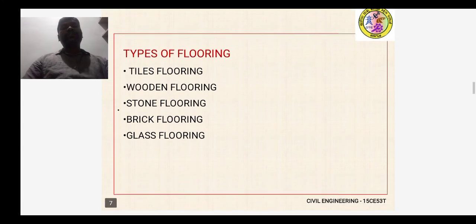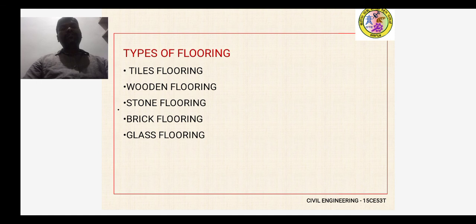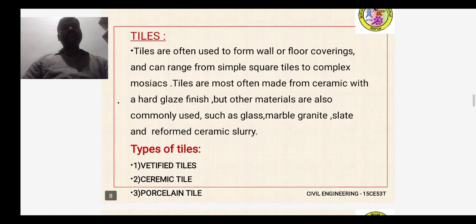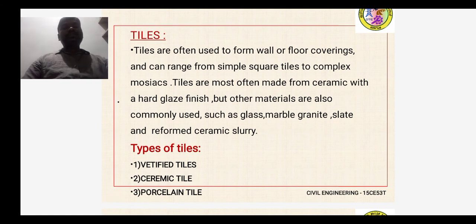Types of flooring: tiles flooring, wooden flooring, stone flooring, brick flooring, glass flooring. Tiles are often used to form wall or floor coverings and range from simple square tiles to complex mosaics.